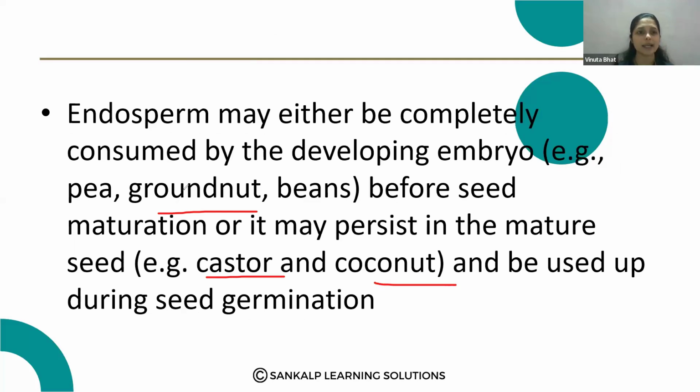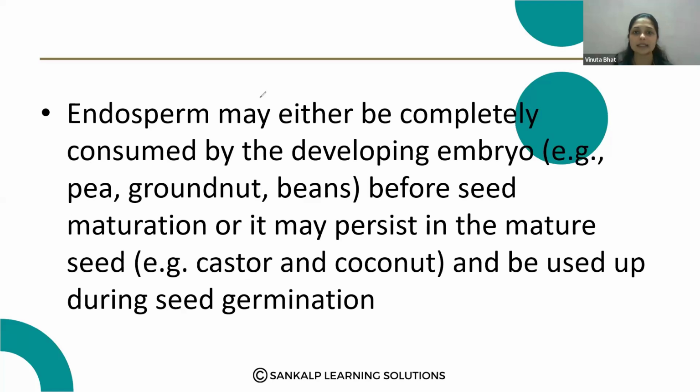In some seeds the endosperm is completely consumed by the embryo, for example where the endosperm is not present, groundnut and beans. But in some seeds the endosperm remains, and that is used for germinating the seed, for example coconut and castor.